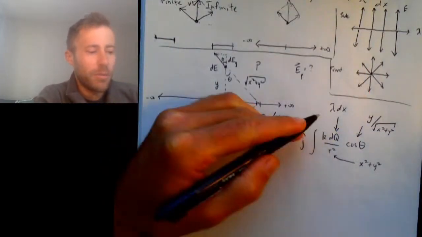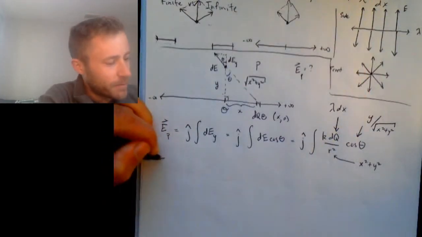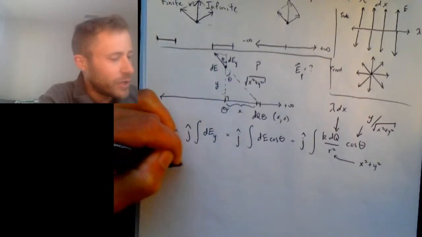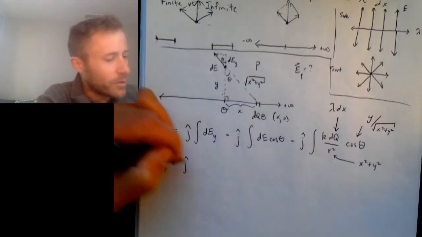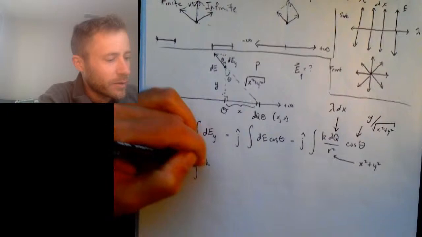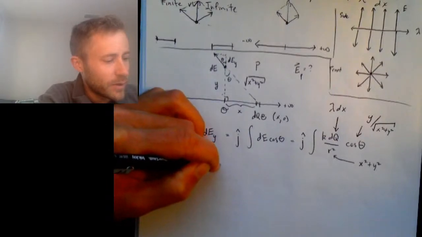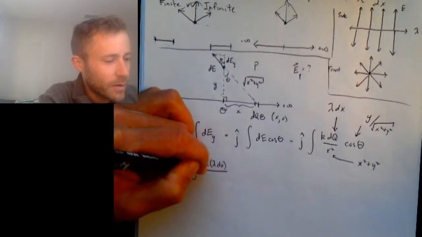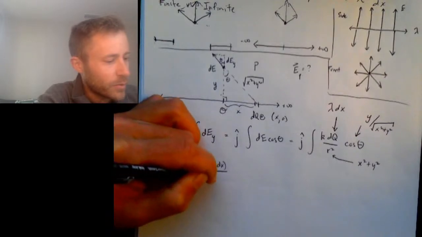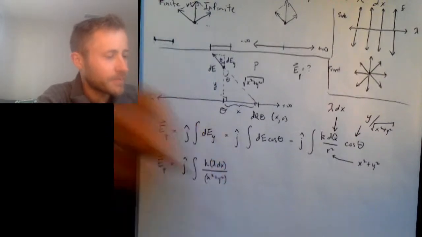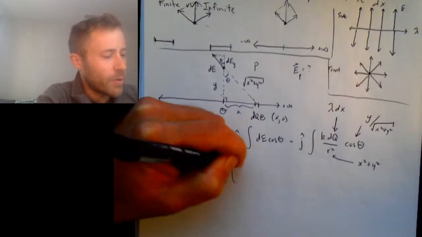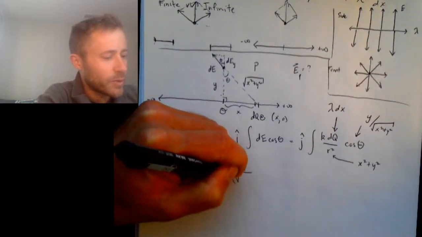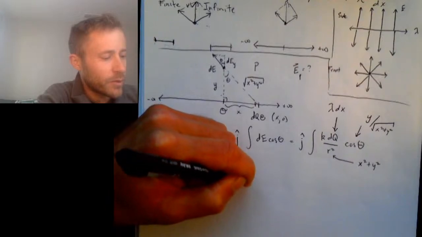So now I plug all that stuff in. I get j times the integral of k lambda dx over x squared plus y squared, times y over square root of x squared plus y squared.